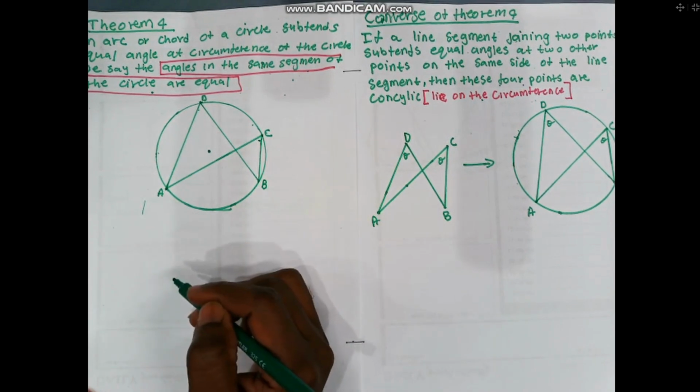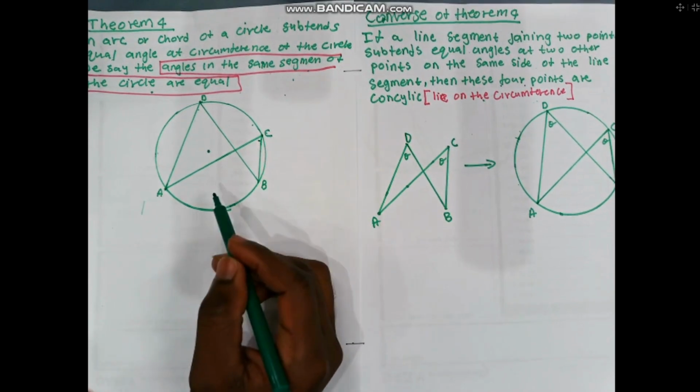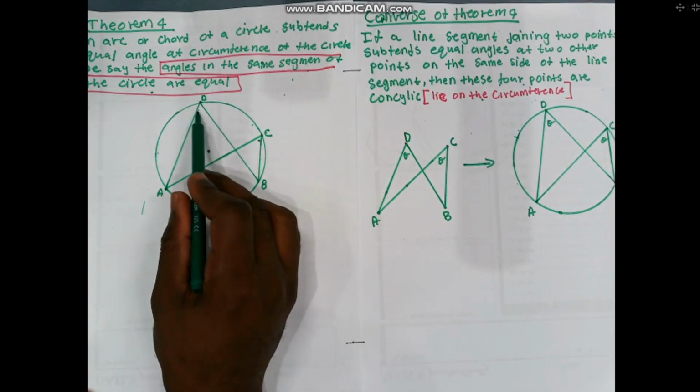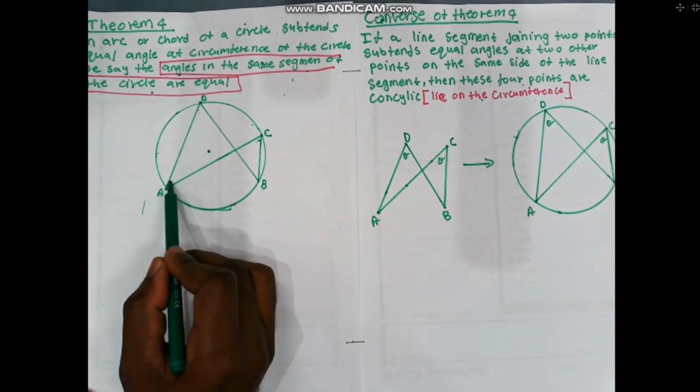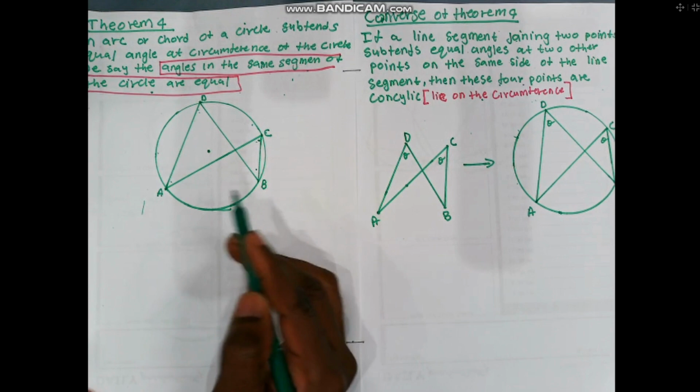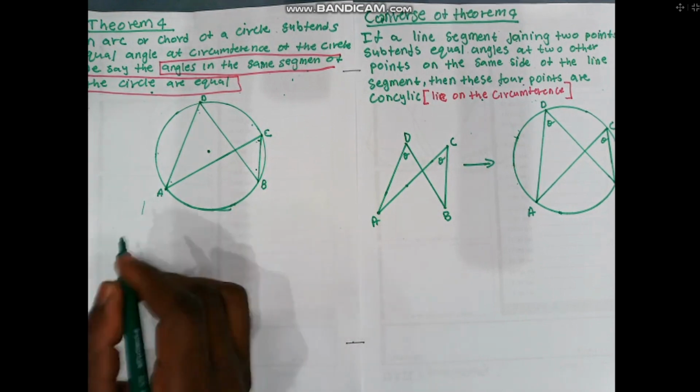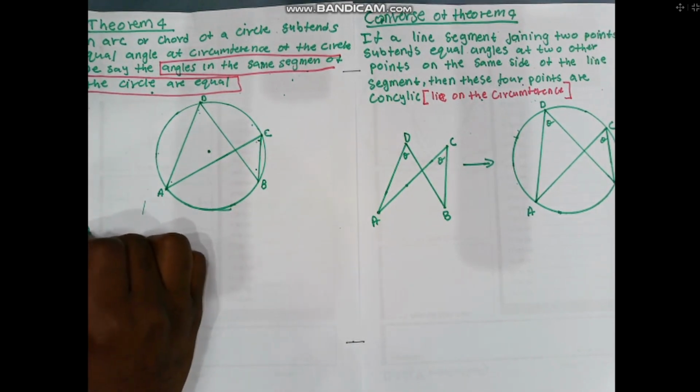Let's prove this theorem, on how we say this angle here is equal to this angle, or this angle here is equal to this angle. By doing that, you must first state the given.